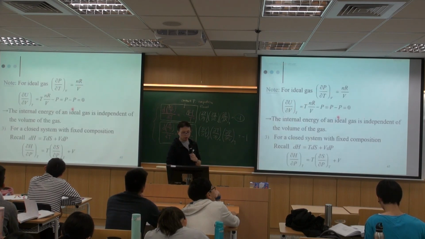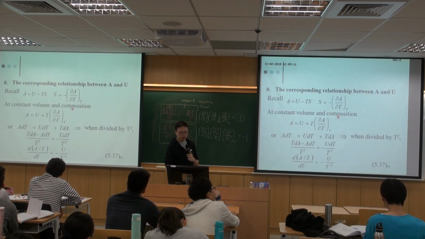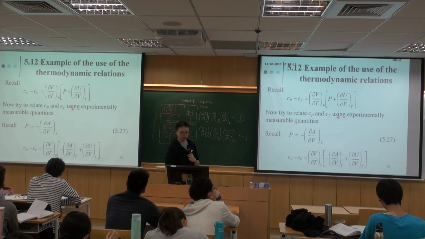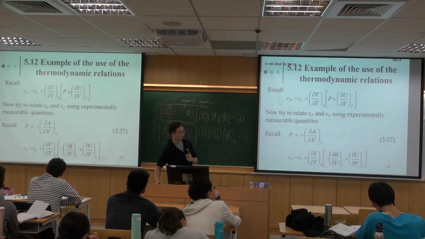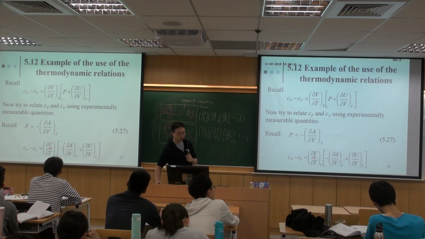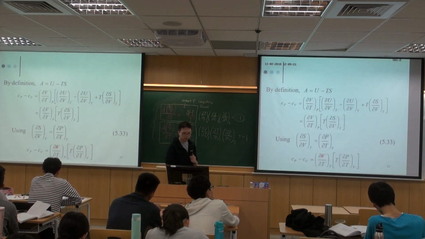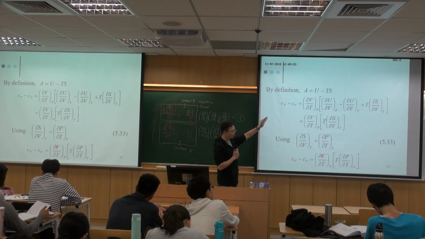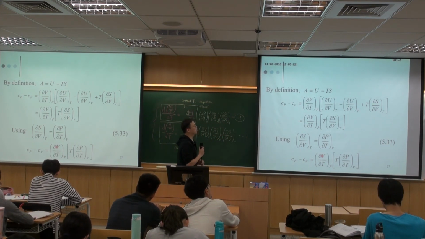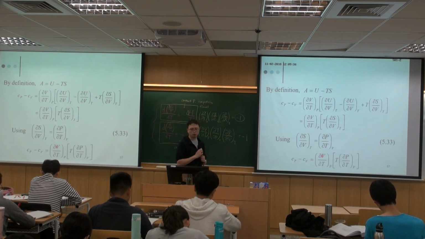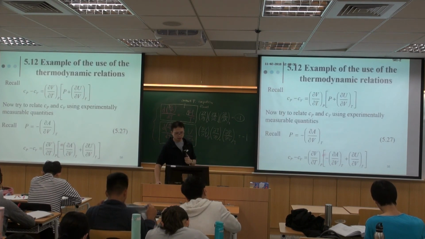Okay, so if we do that, we have this term over here. We have a minus sign, of course, and the other things are kept the same. We know that the Helmholtz free energy is U minus Ts. So you start to see why we introduced this. For the first term, it will cancel out with the second term.